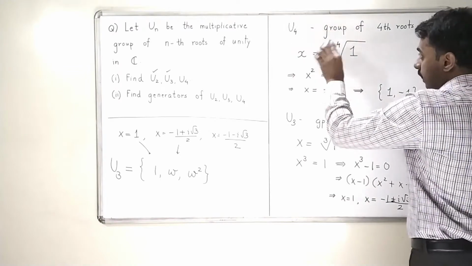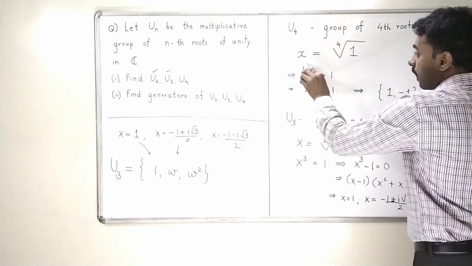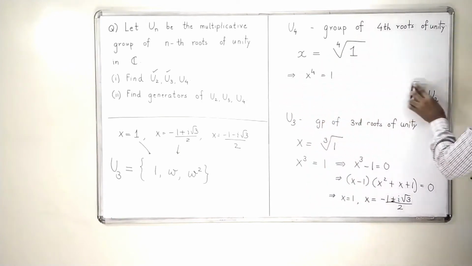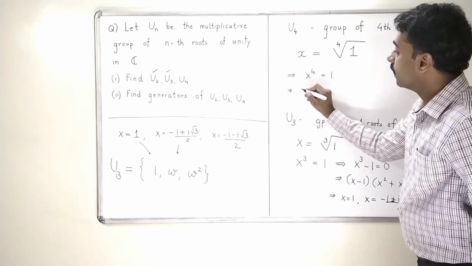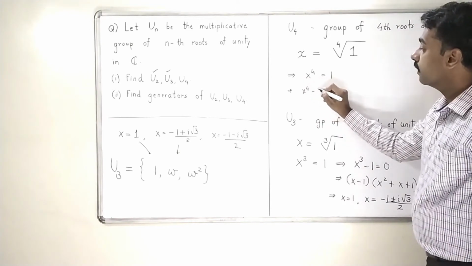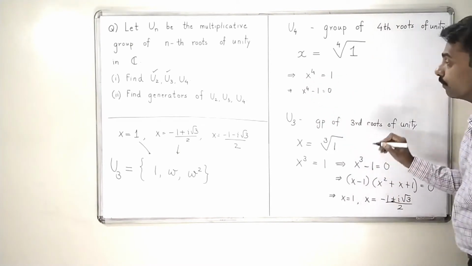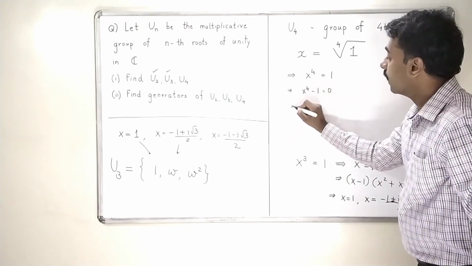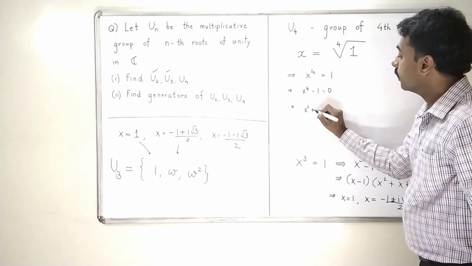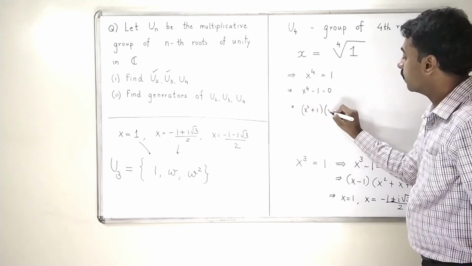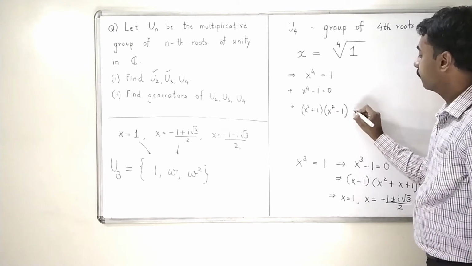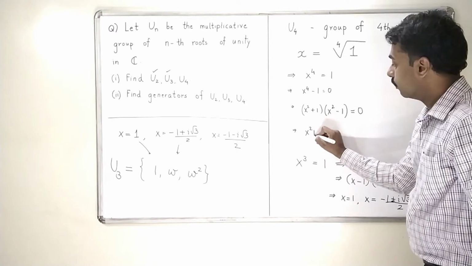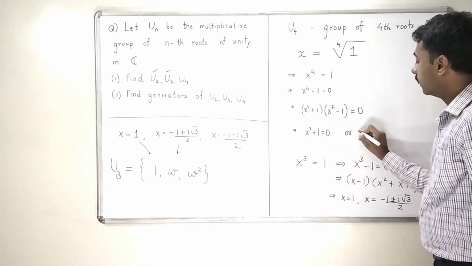When I put this fourth root here, I will get x power 4 is equal to 1, and therefore x raised to 4 minus 1 is equal to 0, which will eventually mean that I will factorize this now. So I will get x raised to 2 plus 1 into x raised to 2 minus 1 equal to 0. This will say that x square plus 1 is equal to 0 or x square minus 1 is equal to 0.